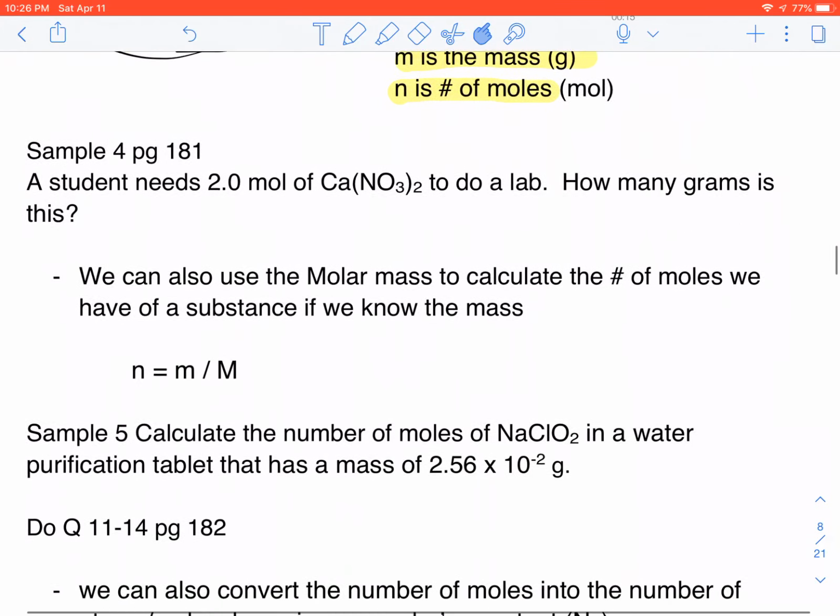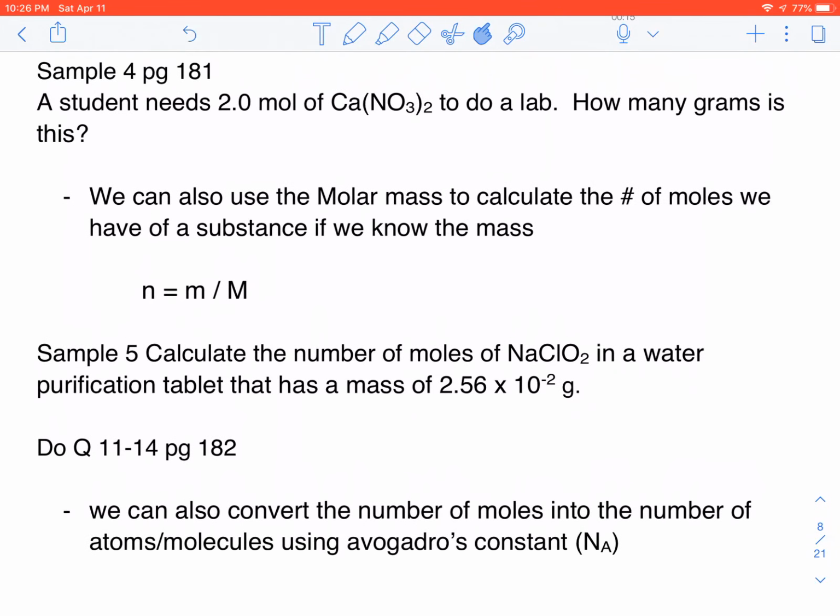It says calculate the number of moles of sodium chlorite, NaClO2 this time, in a water purification tablet that has a mass of 2.56 times 10 to the minus 2 grams.